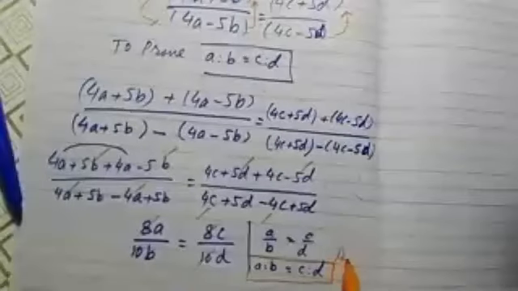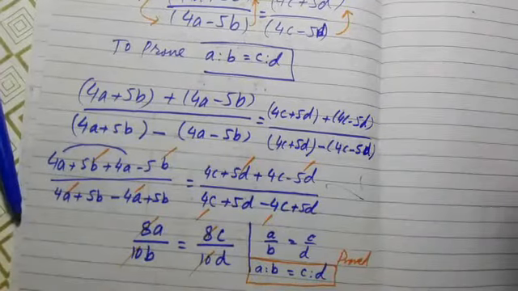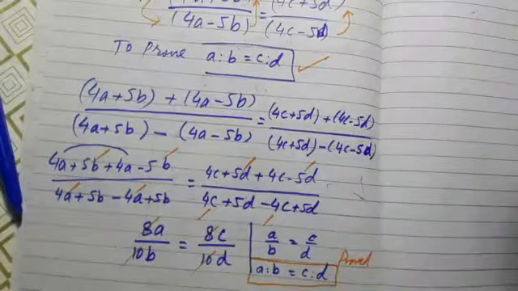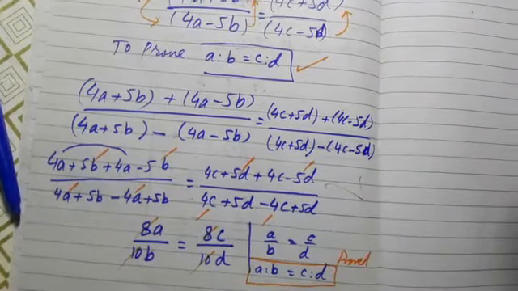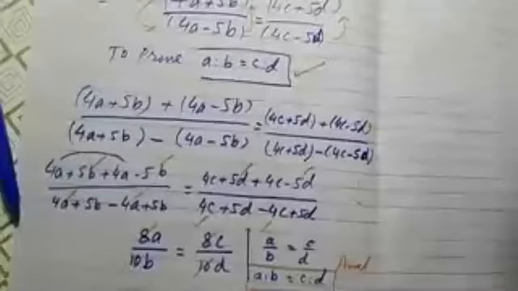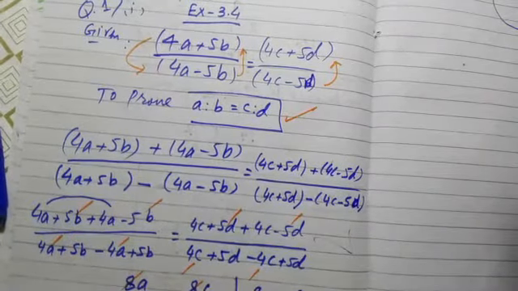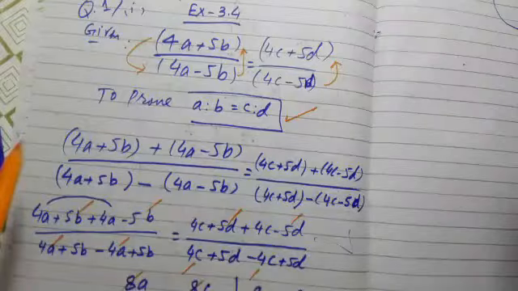Fine. If you look at the question, what was required to prove, we were required to prove a ratio b is equal to c ratio d, and this term was given, that was 4a plus 5b and 4c plus 5d. This was given, and we were required to prove this one.